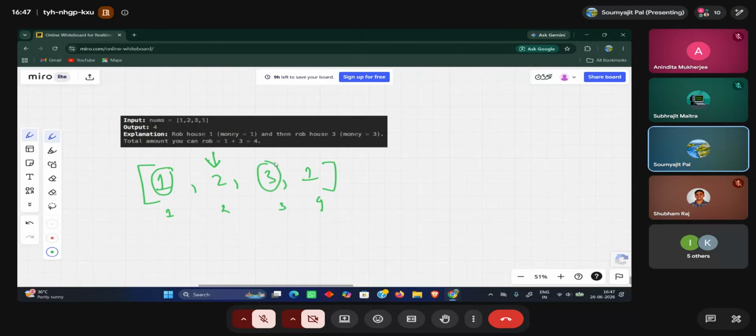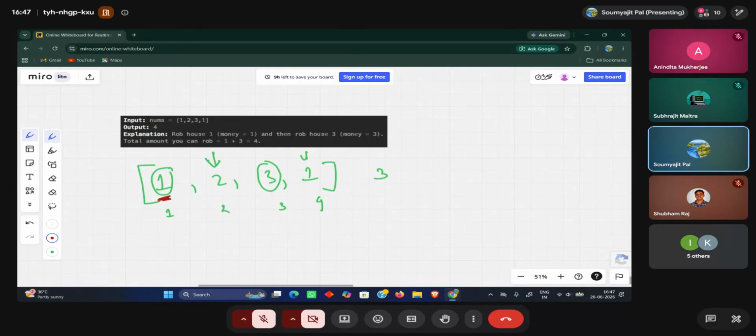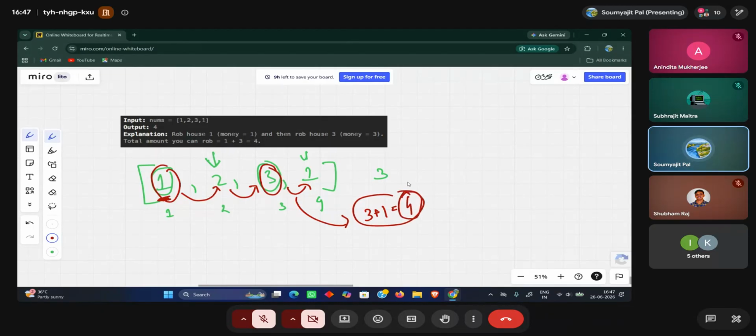So the total money he can get is 3. Else he can rob this house, skip this, and again rob this house and skip this. So in this case, I'm getting my answer as 3 plus 1, that is 4. And my answer is basically 4, rob house 1 and 3.